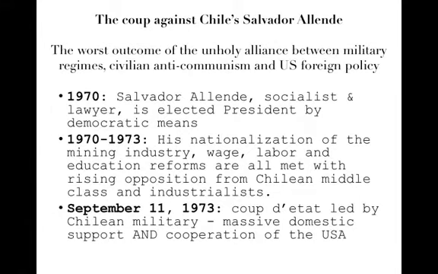The coup against Salvador Allende is, I think without a doubt, I don't think I'm exaggerating if I say that this is probably the worst outcome of the alliance between military interests, civilian anti-communism and fears, and U.S. foreign policy. The story goes like this. In 1970, Salvador Allende won an election, not by a landslide, but he won the election, and he was elected president.